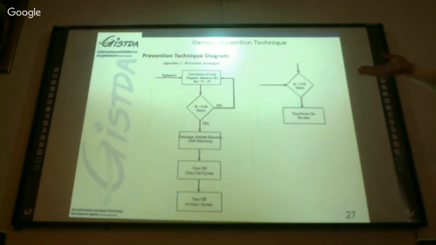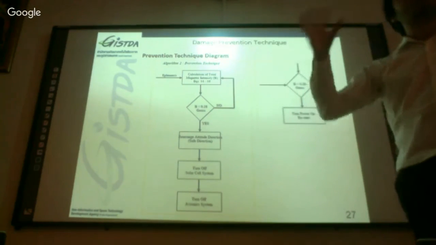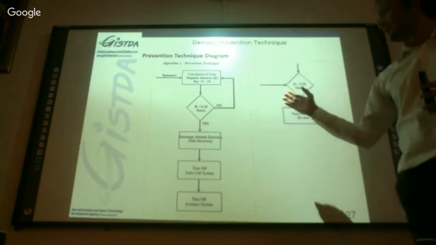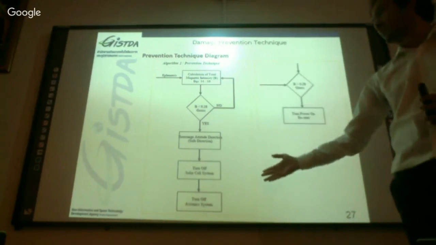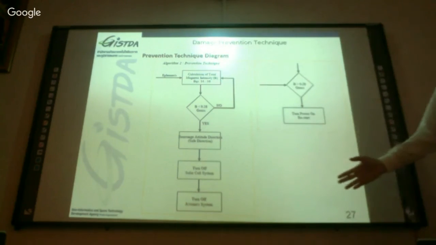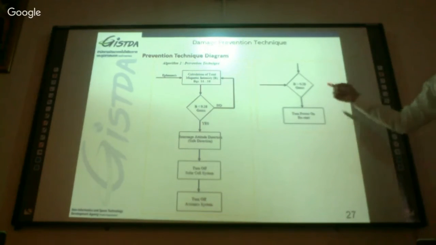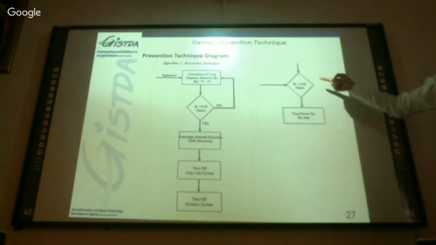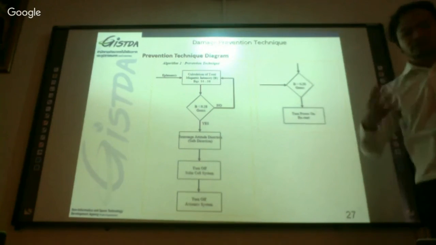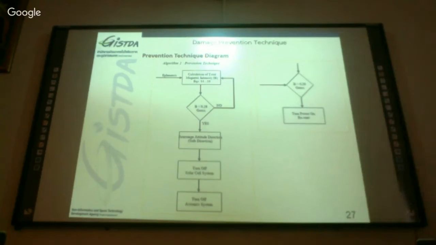So we decide to put the satellite into safe mode and turn off the solar cell system and the magnetic system. The system will check until the magnetic intensity is larger than 0.28. Then we start to acquire the GPS data, turn on every subsystem, and do the operation again.